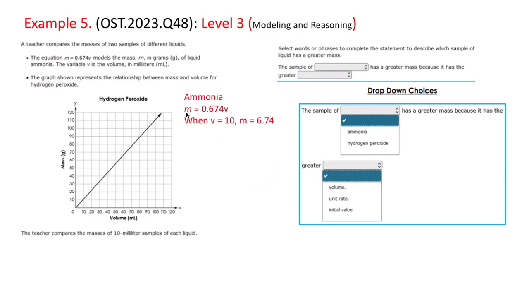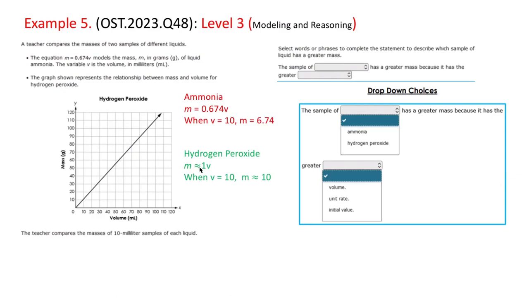The ammonia, the mass is 0.674V. Okay, so when V is 10, you get 6.74. You multiply this by 10. Now the hydrogen peroxide, the mass is, if you look at this here, almost 10 for 10 here. It's not quite.